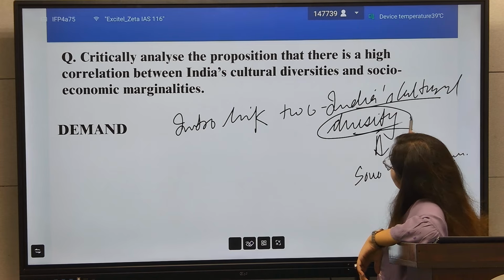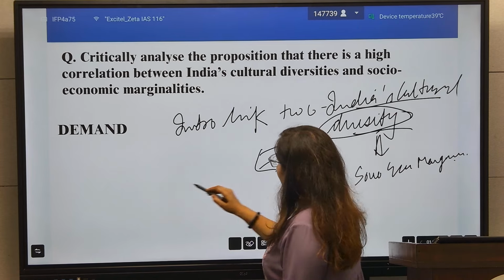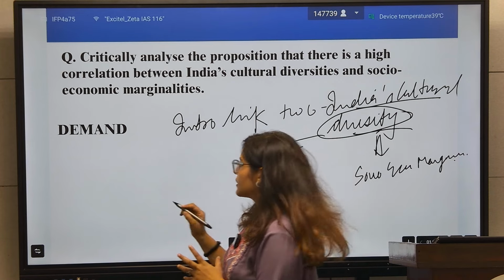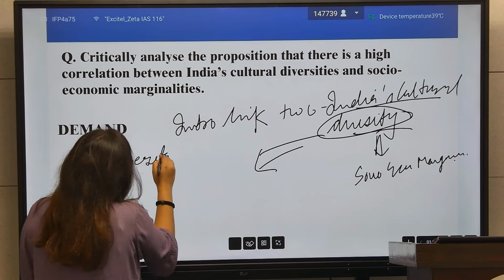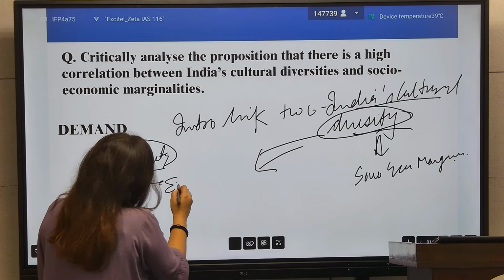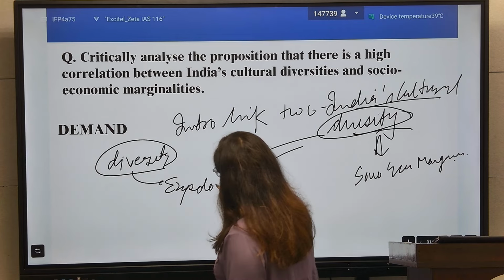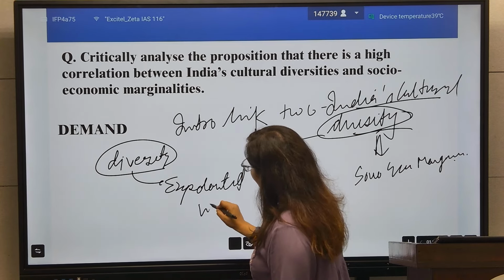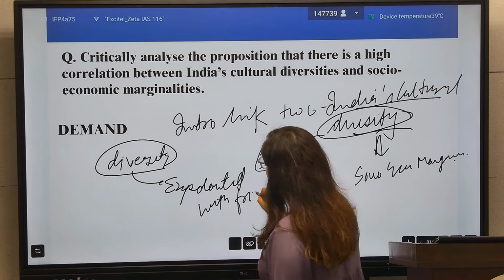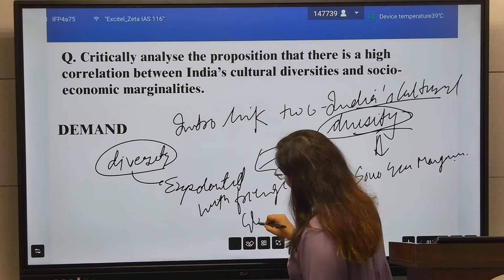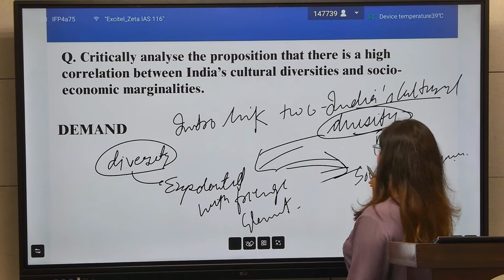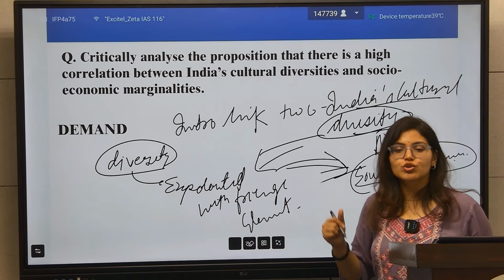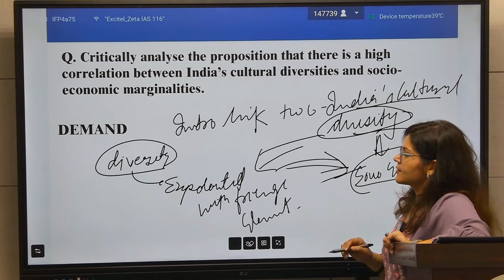See, in India we celebrate diversity, but when this diversity is exploited by some fringe element, then it impacts the socio-economic marginalities.